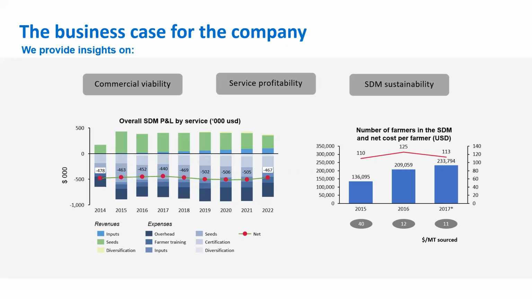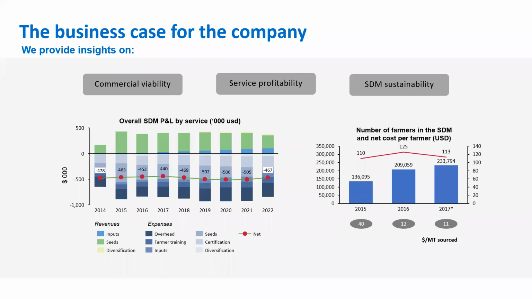And then we also look at more metrics around efficiency. On the right-hand side, you can see the number of farmers in the SDM. That's the blue bars, which are growing over time, with the left-hand side axis. Then you look at what's happening to your net cost per farmer, which is fairly steady in this example.